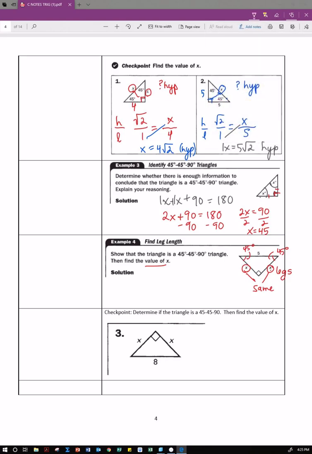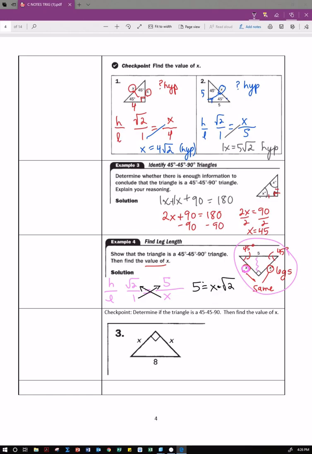So our ratio is hypotenuse to leg, square root of 2 over 1. And we know in this triangle, the hypotenuse is 5 and the legs are x. We will now cross multiply and solve for x. So 1 times 5 is 5. x times the square root of 2 is x times the square root of 2.